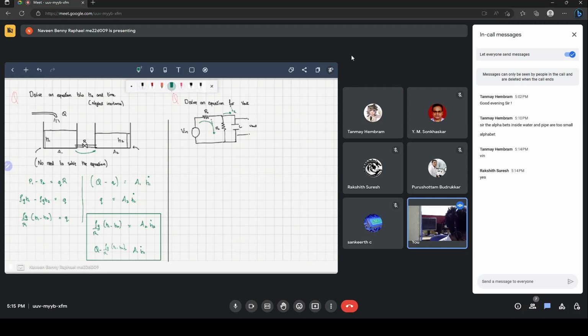So the first equation we'll write is, I mean, we have current I1 in this branch and current I2, so that implies that the current in this branch is I1 minus I2. This is from Kirchhoff's current law.